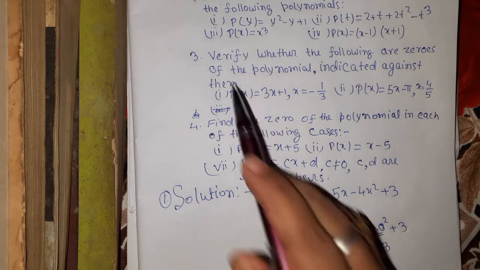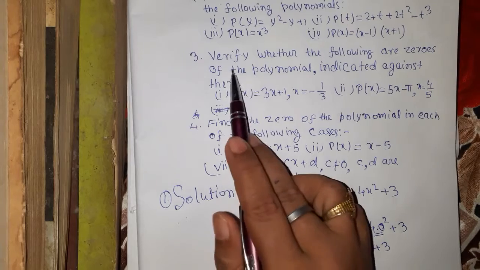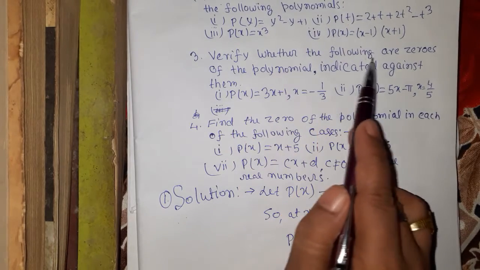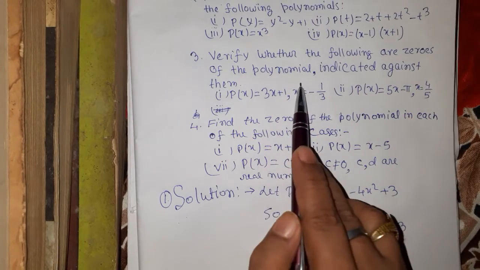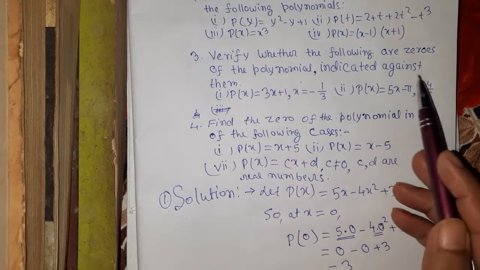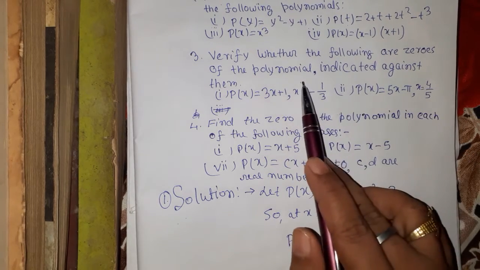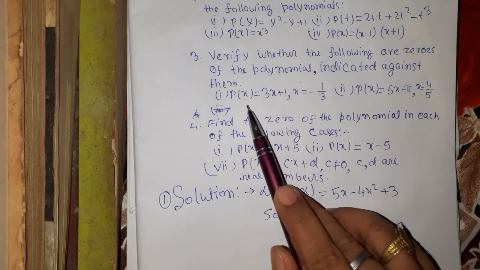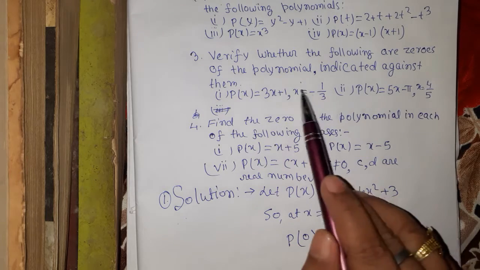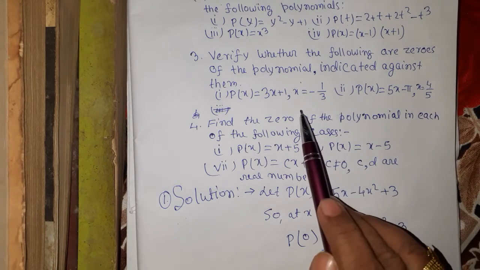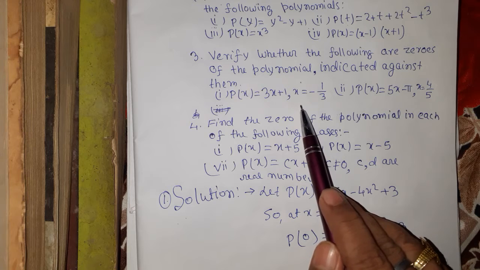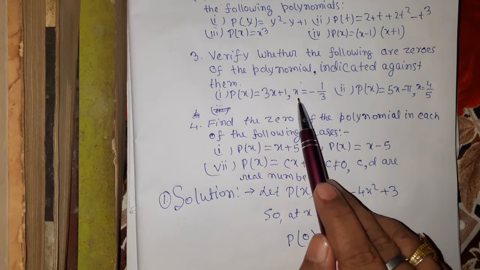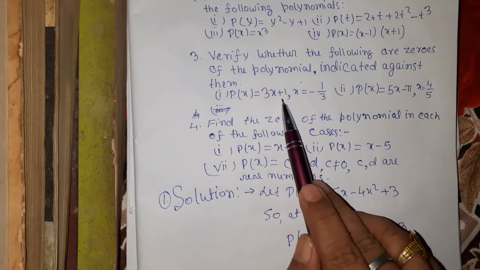Now come to question number 3. Verify whether the following are zeros of the polynomial indicated against them. Here we have to evaluate p(x) is equal to 3x plus 1.